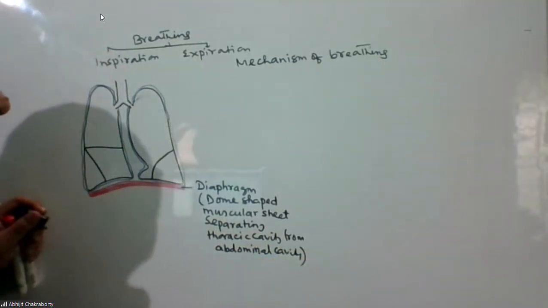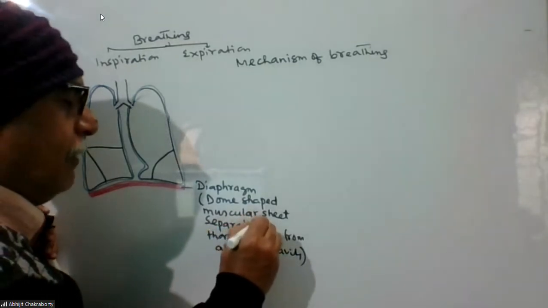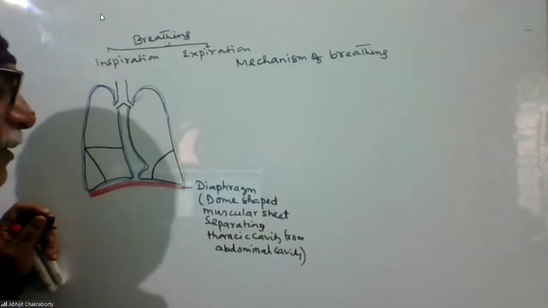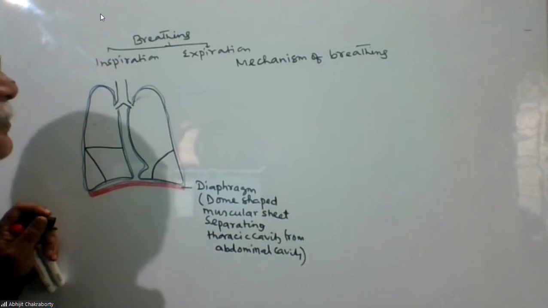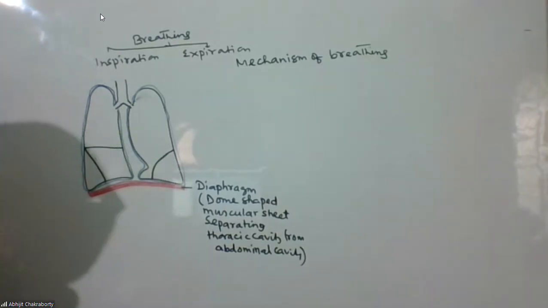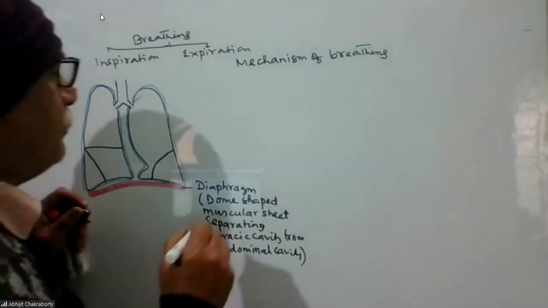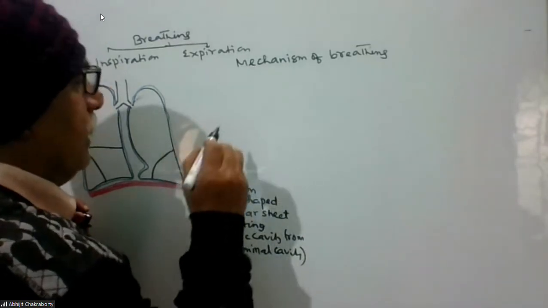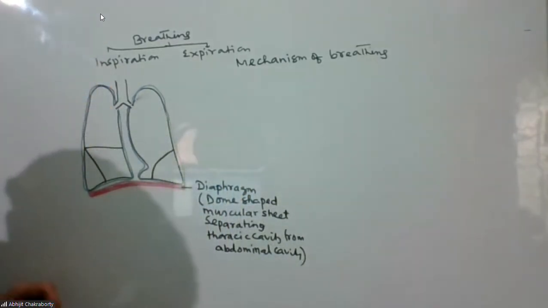The diaphragm is a dome-shaped muscular sheath separating the thoracic cavity from the abdominal cavity. Another one is muscles.